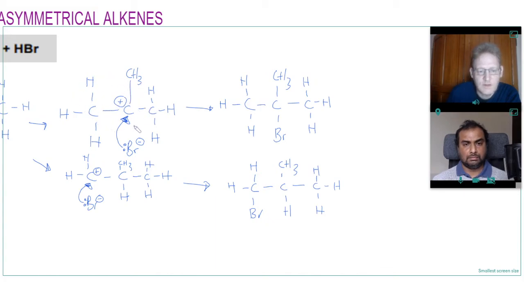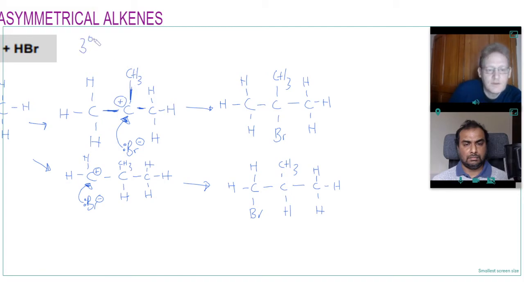So the first carbocation is a tertiary carbocation because the carbon with the charge on it is attached to 3 alkyl groups. And those alkyl groups are electron pushing, so they reduce the positive charge on the carbon and therefore make this more stable.